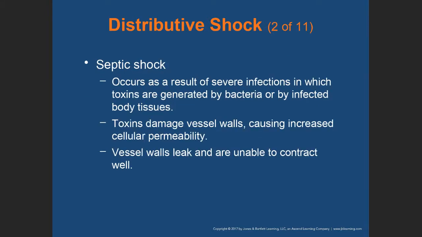Now, the first one that we're going to look at, which is the most complicated one, is septic shock. Septic shock occurs from a bacteria that enters the body tissue. There are 4 types of distributive shock that you need to be familiar with.